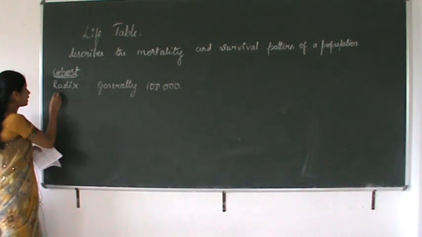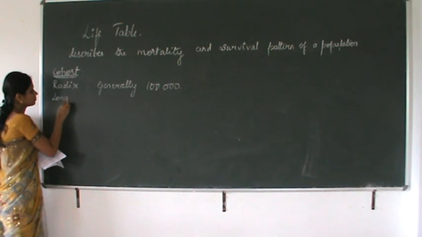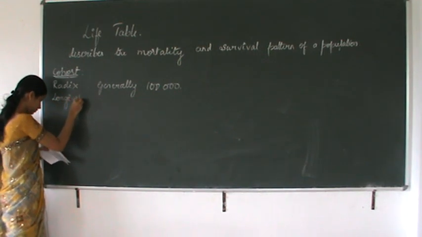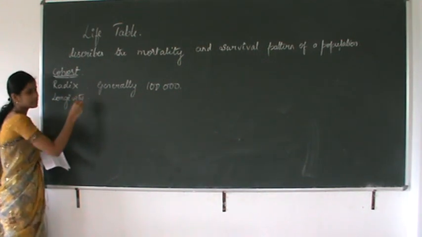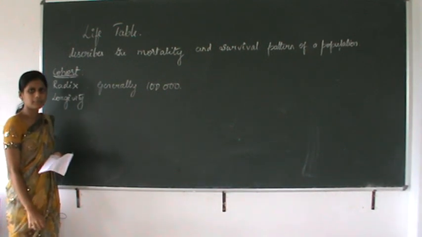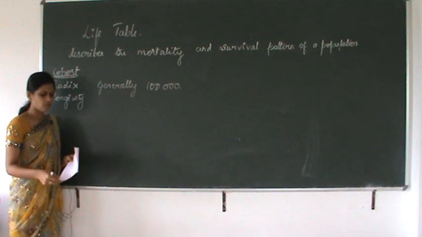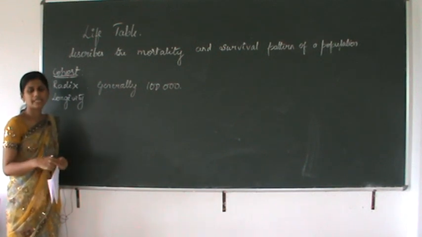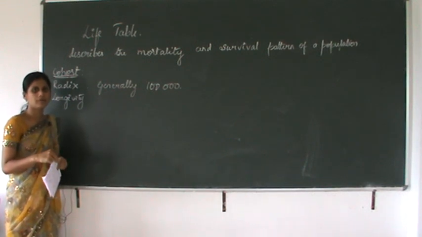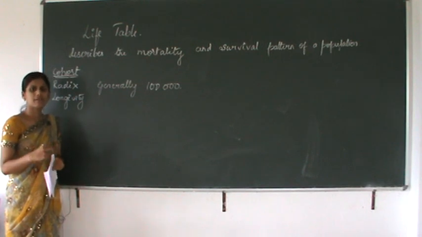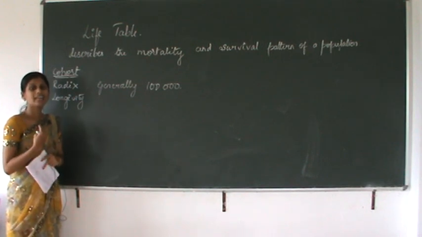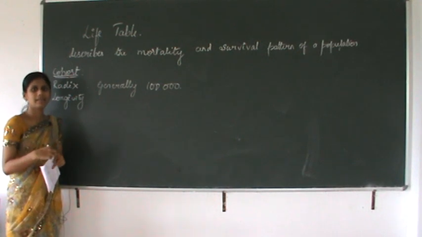Next, the important term is longevity. What is this longevity? Longevity is the expected number of years that a newborn baby would live. For example, when a baby is born, we can expect how long that baby will live.